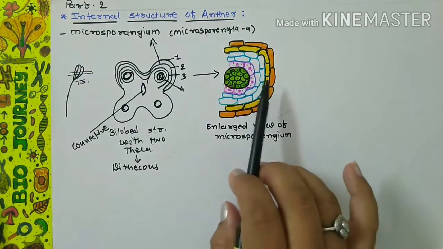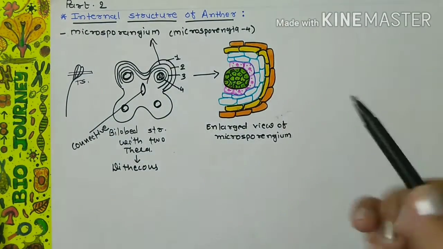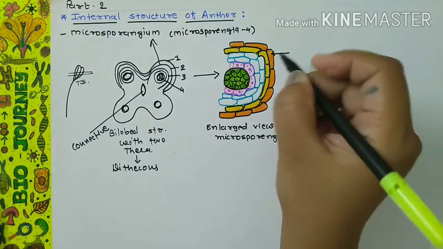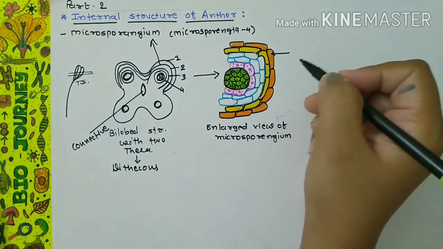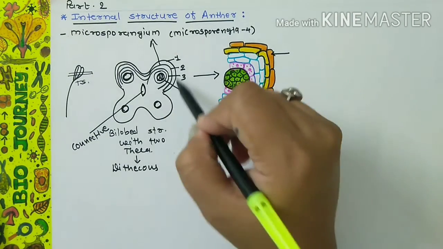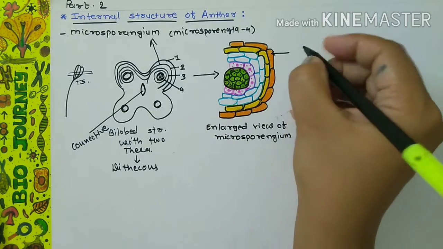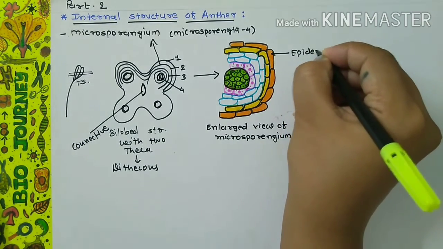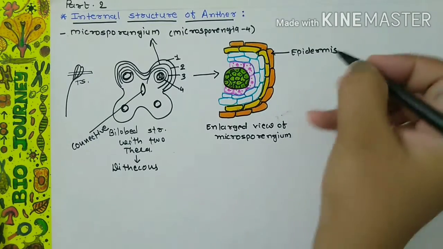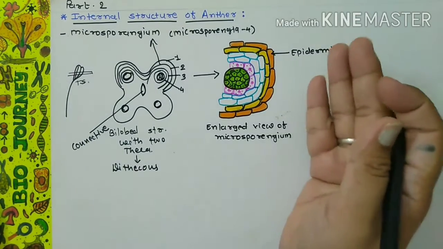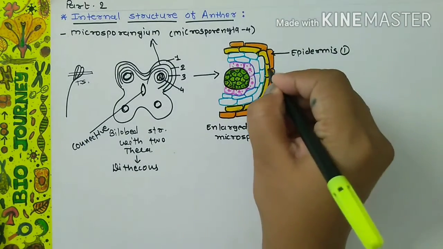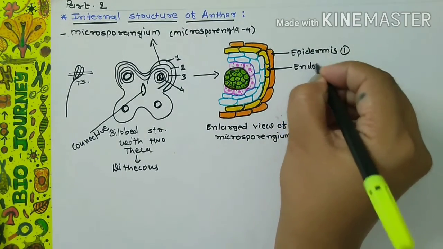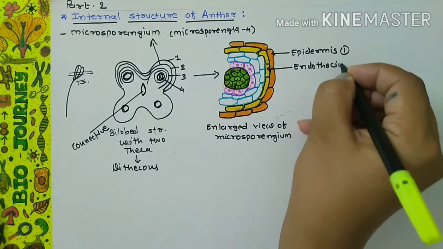So we'll see the names of all of them. The outermost protective layer of the microsporangium of the anther is known as the epidermis. This is the first one from outside in. The second layer is known as the endothecium.